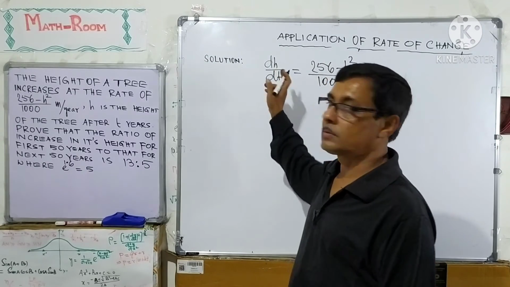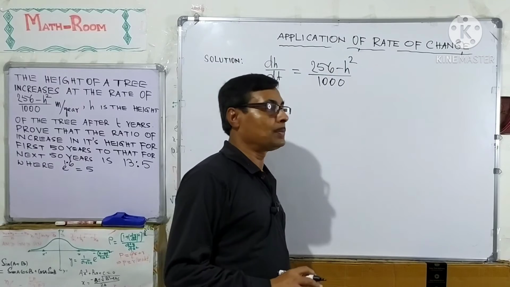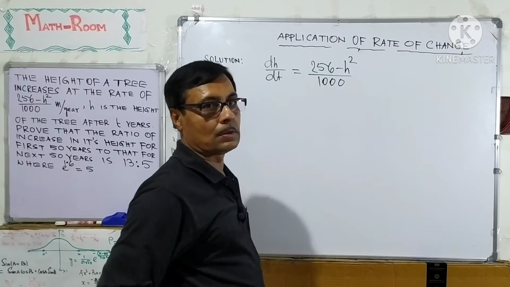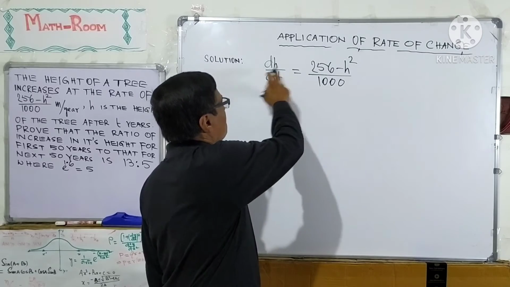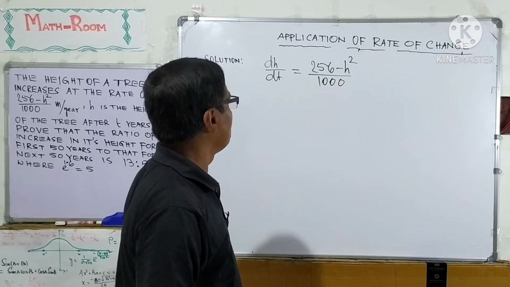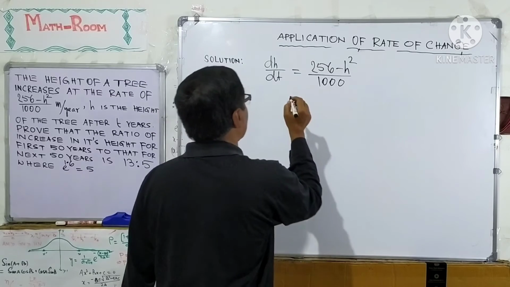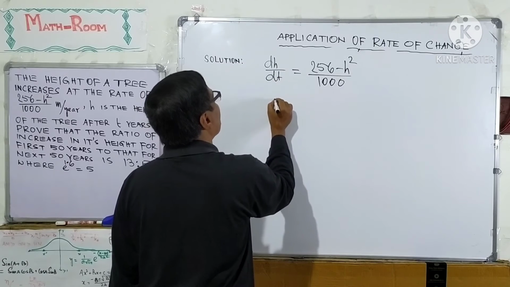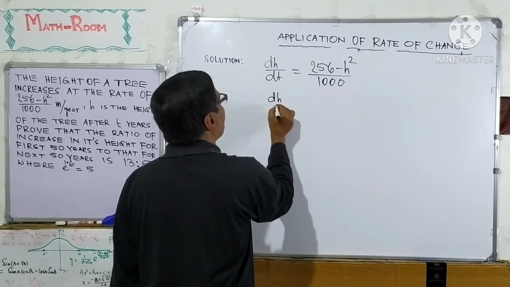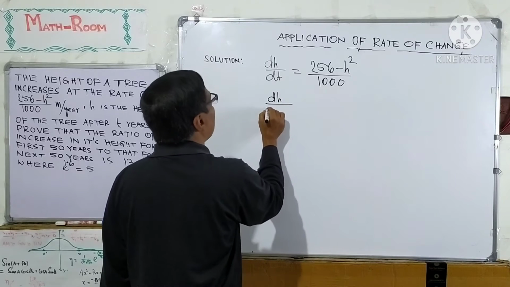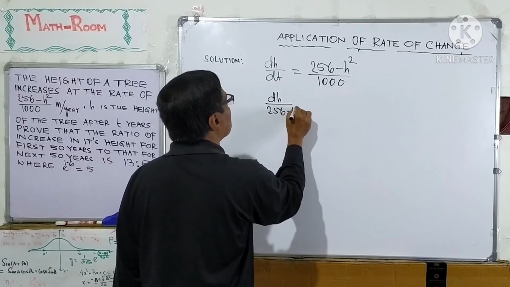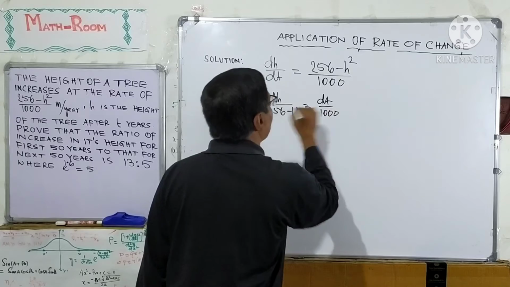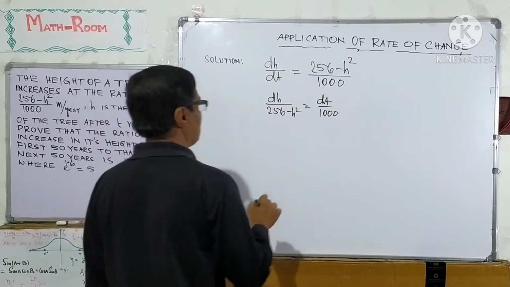We can solve this equation by using the method of separation of variables. For solving this equation, at first we separate these two variables h and t from each other. So we can write dh over (256 minus h squared) equal to dt over 1000.